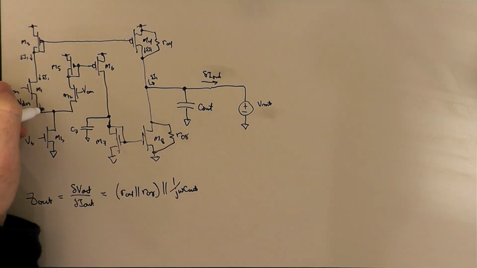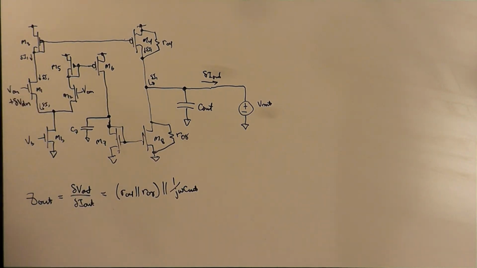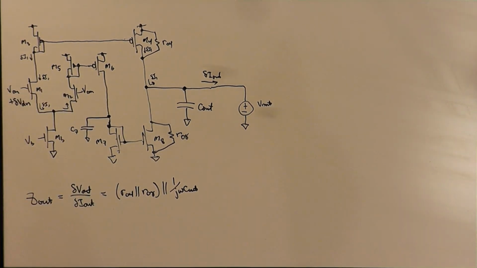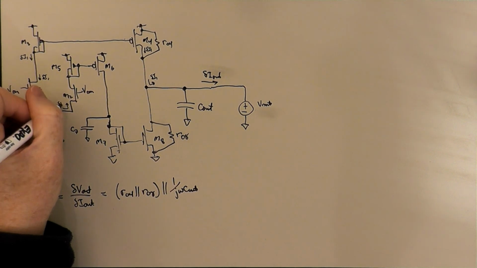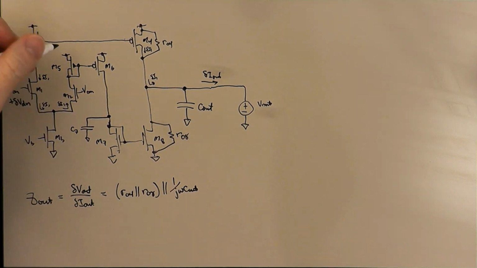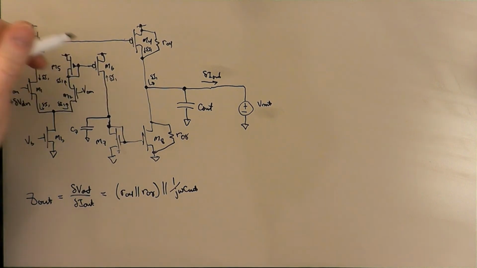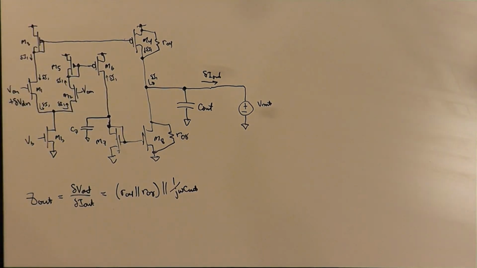This delta I out also flows out of the source of M1 and back up the source of M2, just like before. Flows out of the drain of M2 and is mirrored by M5, M6. Okay?